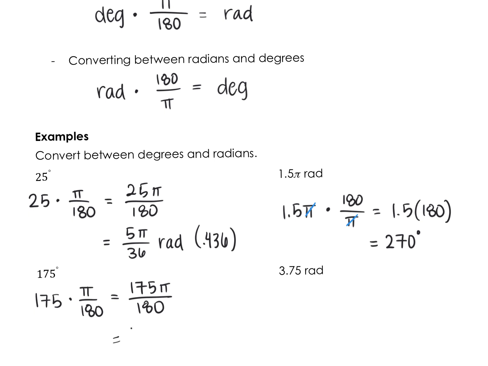And we're going to get 35 pi over 36 radians, which, if you want to think in terms of a decimal, is 3.054 radians.